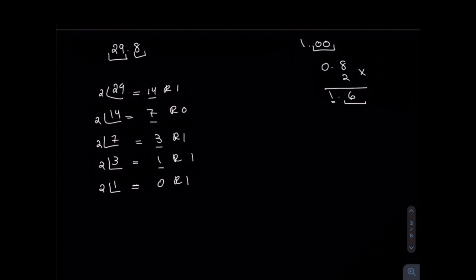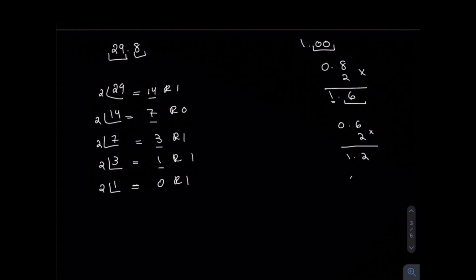To continue, we will take this number that is after the decimal, and we will write 0.6, and then we can just multiply it by 2. It will equal 1.2. Again, we can continue here because the number after the decimal is not zeros, so we can continue.